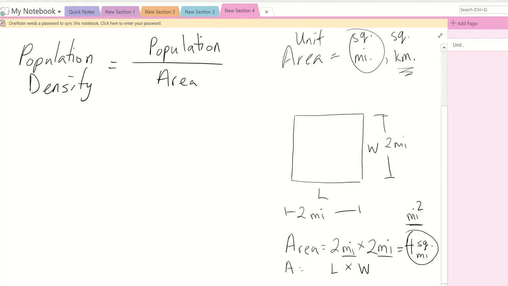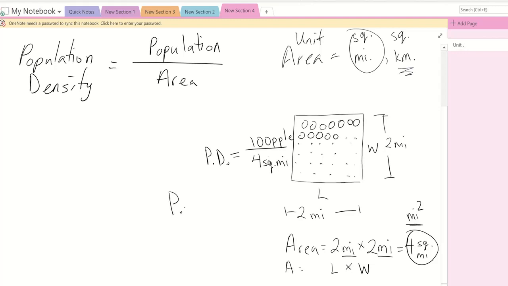So for example, let's say the population in this region was 100 people. In this little square town, there's 100 people. I'm not going to draw out 100 people, but you'll get the point. So that means the population density, let's call it PD, is going to be 100 people divided by 4 square miles.